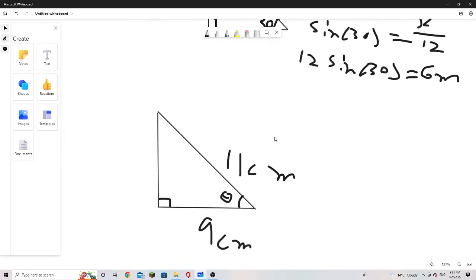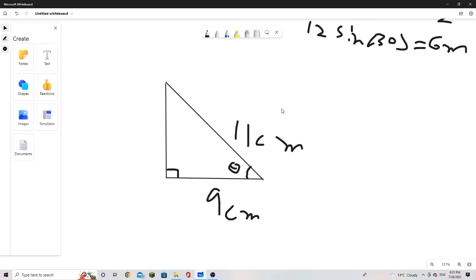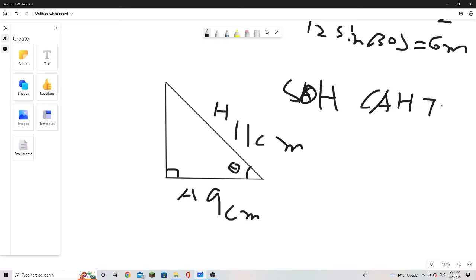Now we have one final question. This time, we have two sides, but it's wanting us to find the angle. Now, to do this, we apply the same principle. This is the hypotenuse, and this is the adjacent. What contains these two? Let's write down the acronym.